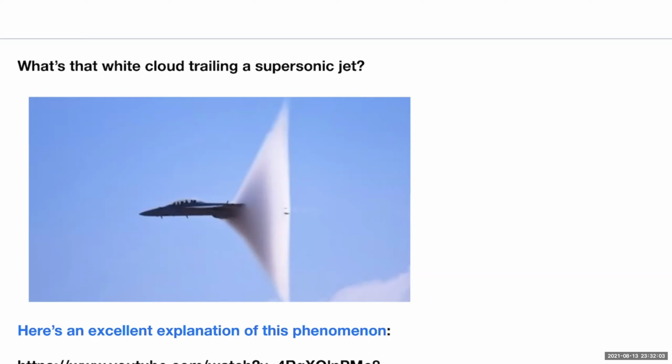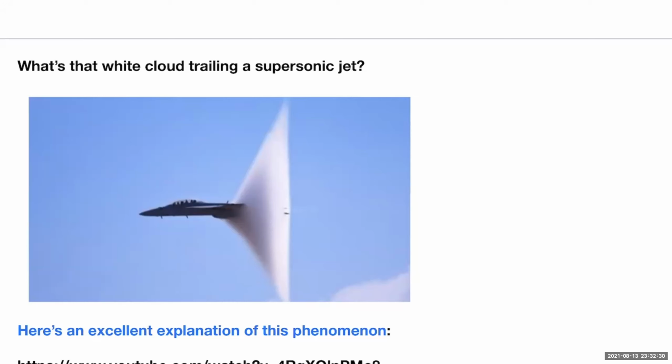What is going on here? What's the physics? Well, you need two things here. One is this thing has to travel at supersonic speed, so there's a shock wave. And secondly, the medium, which is in this case the air, has to have enough moisture so you can have water droplets. Okay, and how come these two conditions, supersonic flight and enough moisture in the air, creates this phenomenon?